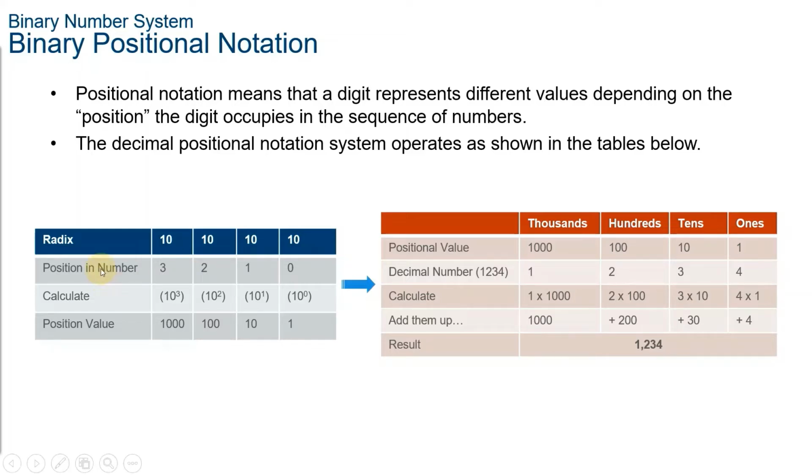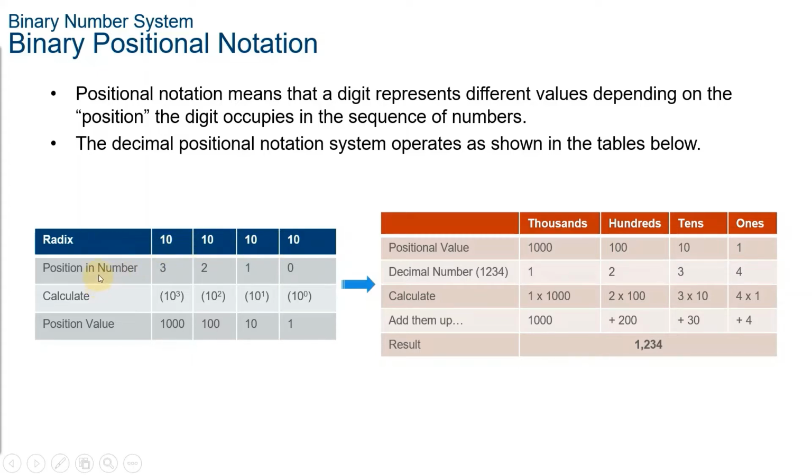The decimal positional notation operates as described on this table. Let us describe each row. Let's start with row 1, radix. Radix is the number base. Decimal notation is based on 10. Therefore, the radix is 10.